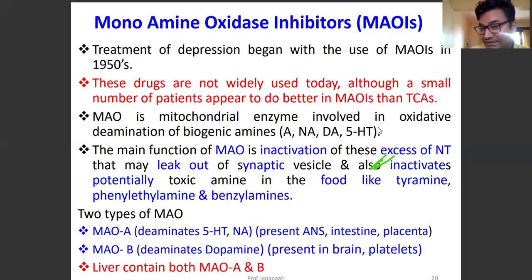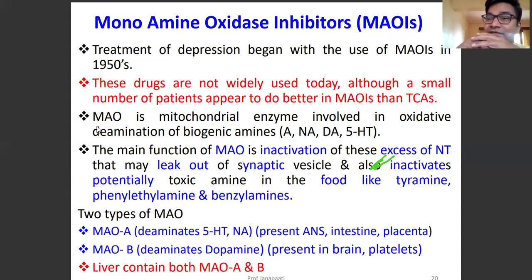So what is the main importance? If this is causing disease, what is the main use? Why did God create MAO? God created MAO to maintain these levels. If these levels become excess, we get hypertension. We may die also. So that's why God has created MAO.